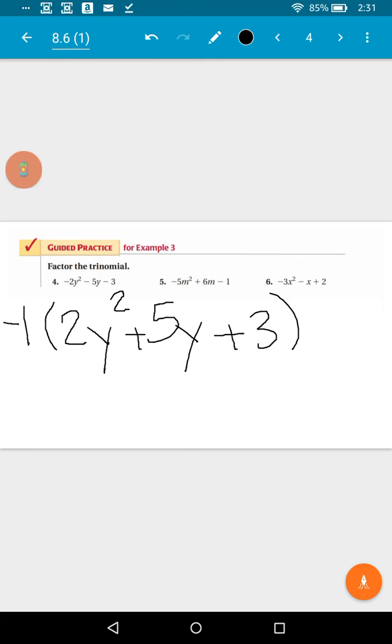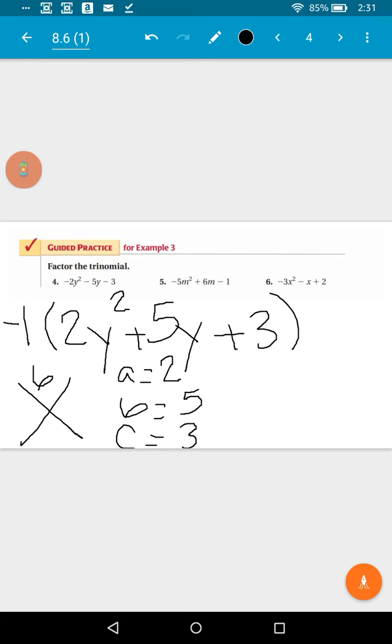Okay? So we do our x. Our value of a is our new positive 2. B is our new positive 5. And C is our new positive 3. A times C is 6, and the value of B is 5.